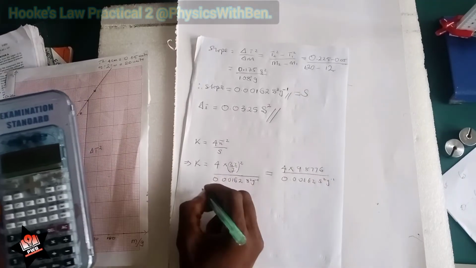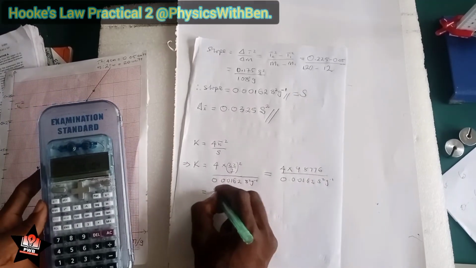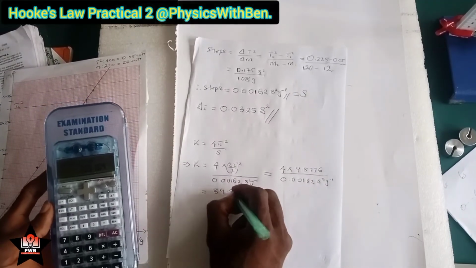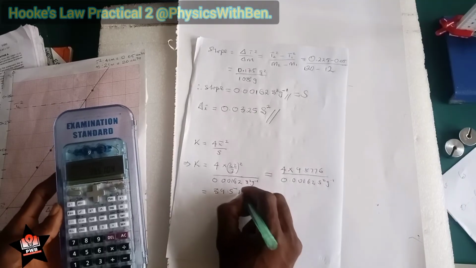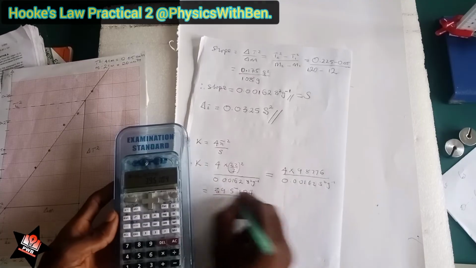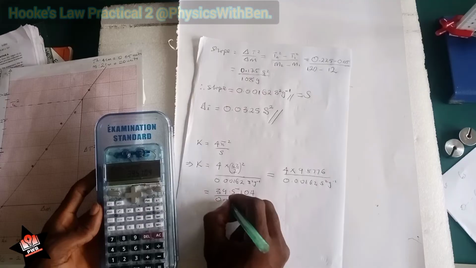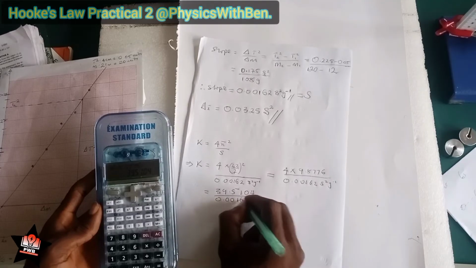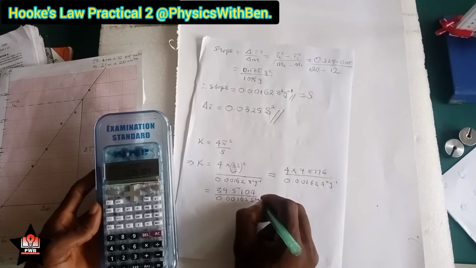So 4 times that we have 39.5104 divided by 0.00162.